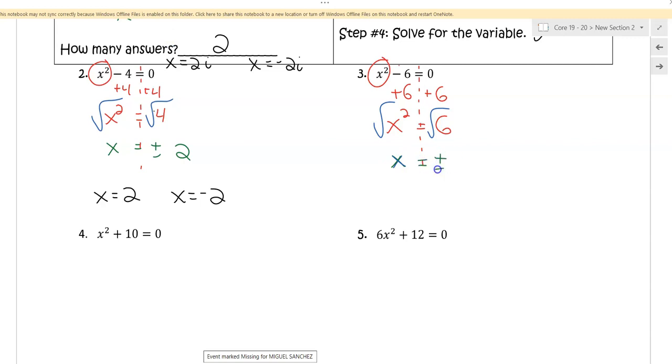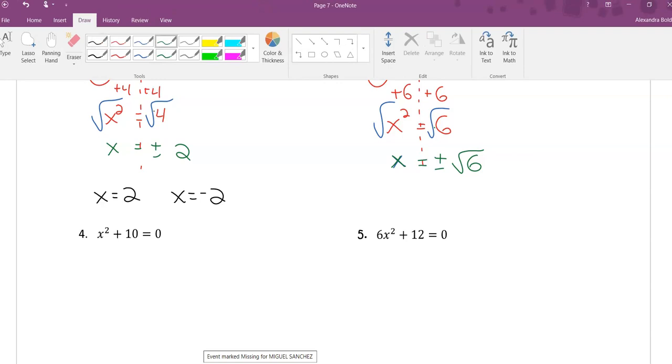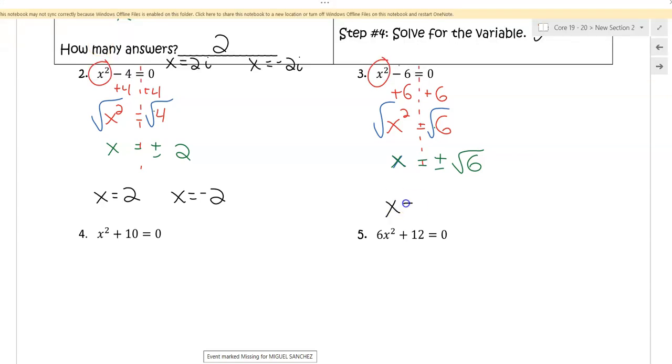Square root of 6, I cannot take the square root of 6, but I still need the plus or minus. There is no i because there's no negative number. So x equals plus or minus square root 6. Those are my two answers. x equals positive square root 6. x equals negative square root 6.